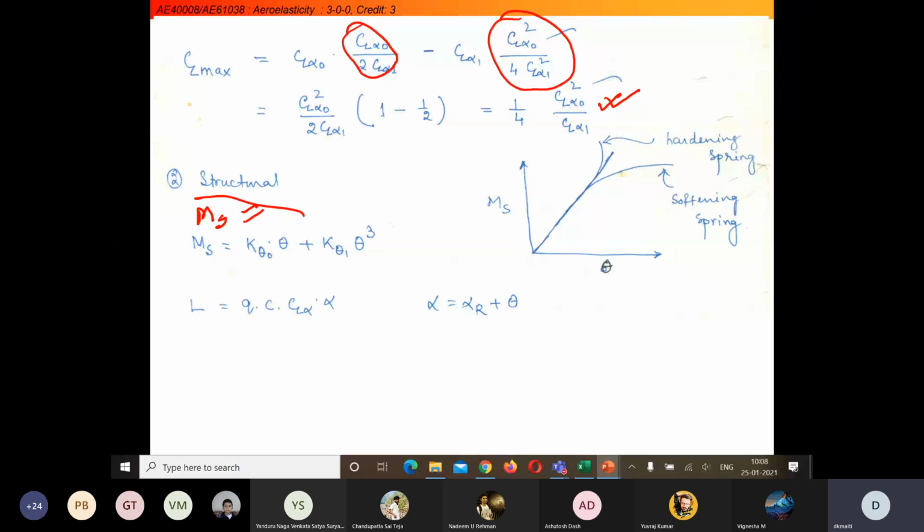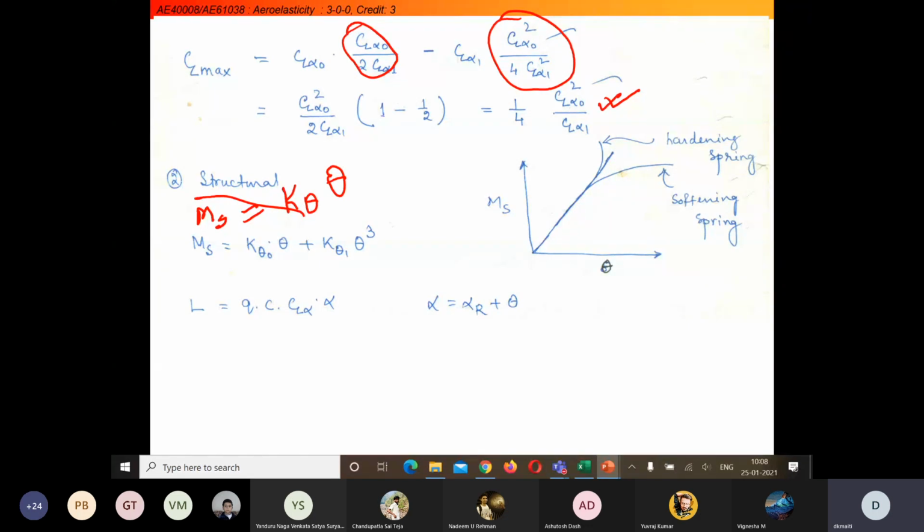But to consider nonlinearity, there are several theories, meaning several terms we can consider. One concept is called softening spring. In the aerodynamic theory we considered earlier, with the increase of alpha the lift decreases after a certain value of alpha.